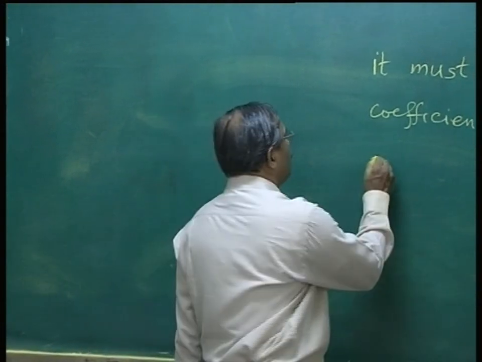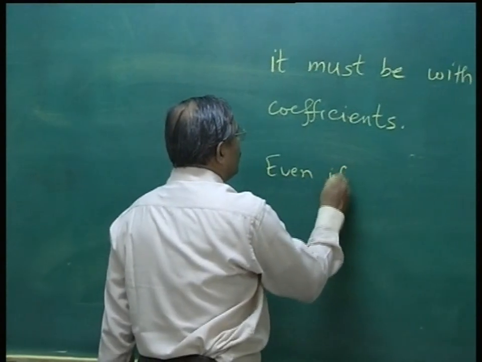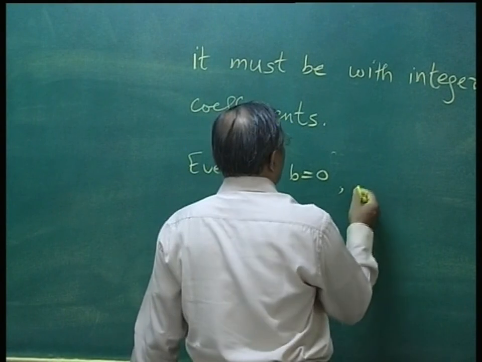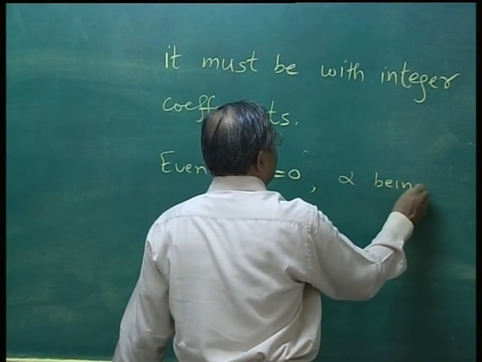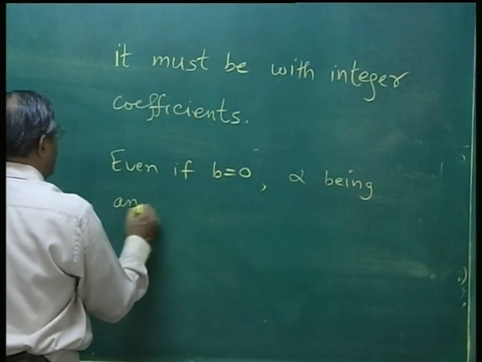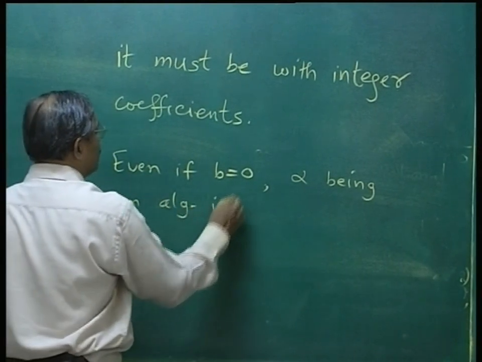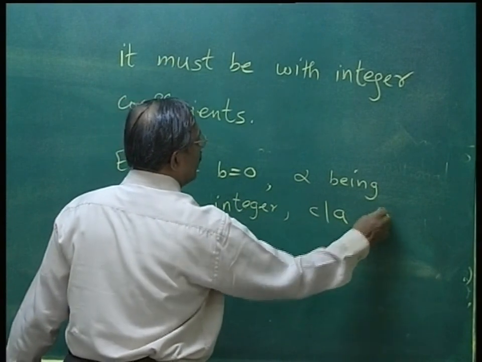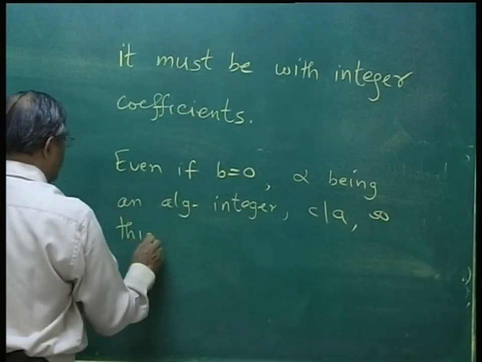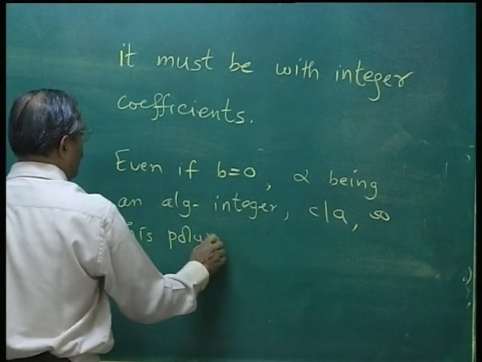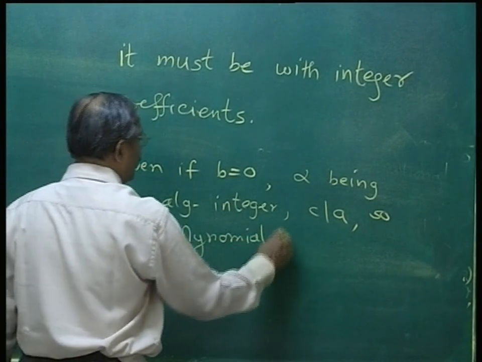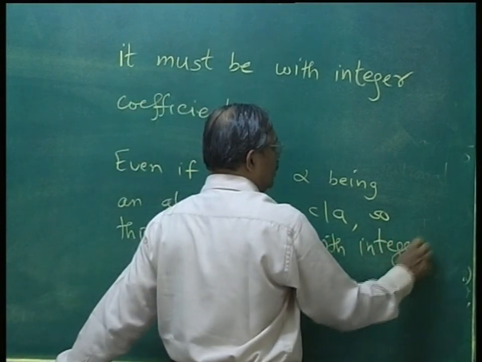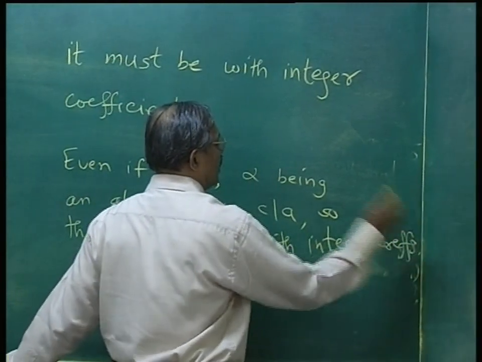See, even if b equal to 0, alpha being an algebraic integer, c divides a, so this polynomial is with integer coefficients.